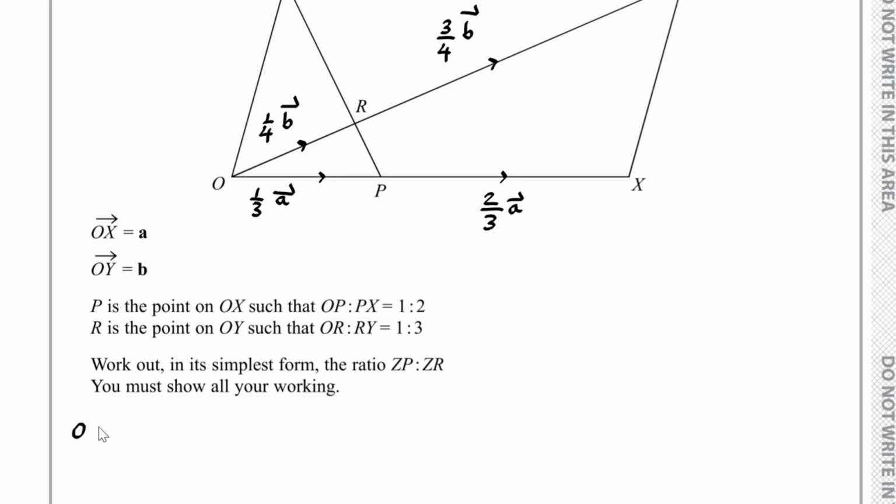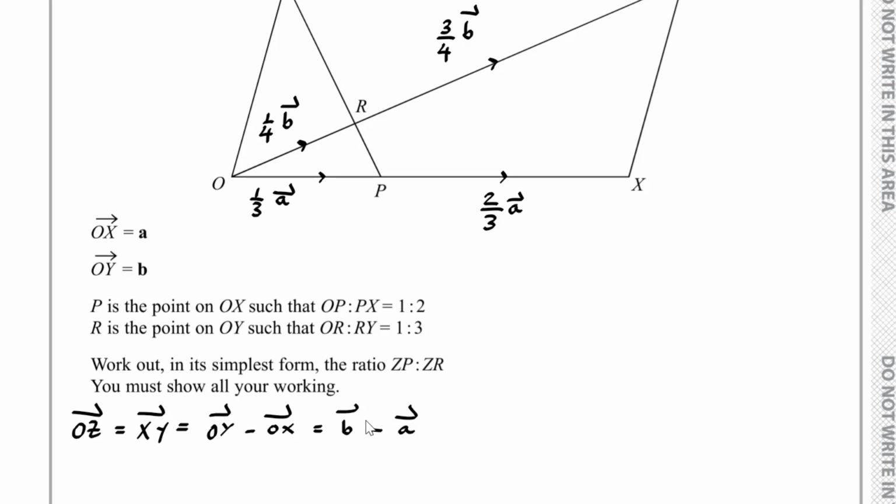So the vector OZ is going to equal the vector XY. So this is going to equal OY minus OX. So OY is equal to B, minus OX, which is equal to A.